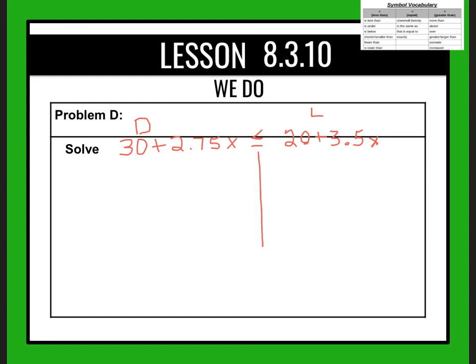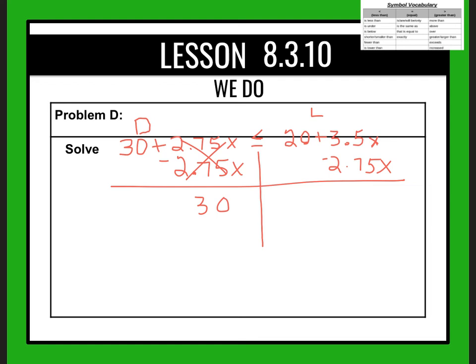Let's go ahead and start by, again, moving all our variables over to one side. So I'm going to move the 2.75x over. This gives me 0 pairs, and I end up with 30 and 20, plus 0.75x.